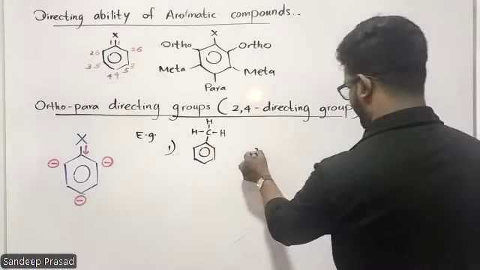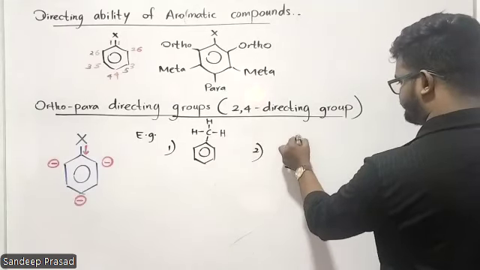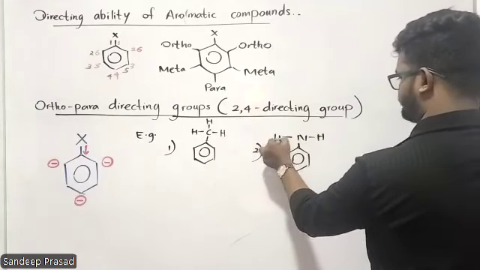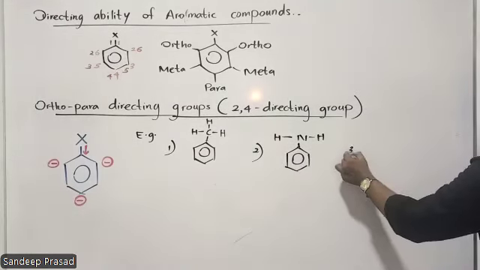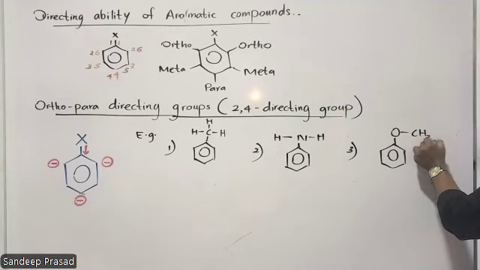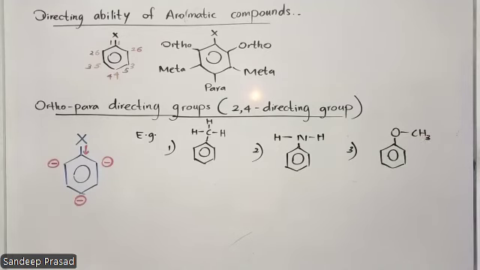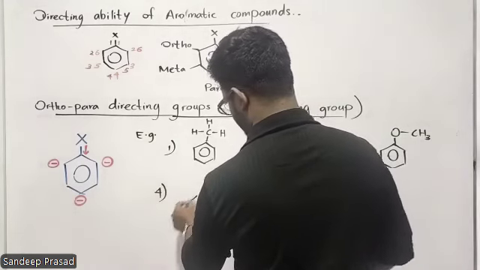So this is an ortho-para directing group. And what about this one? NH2. Nitrogen doesn't have any double bonds or triple bonds. Therefore, that is an ortho-para directing group. Look at this OCH3. Are there any double bonds or triple bonds? No. Ortho-para directing. Number 4.